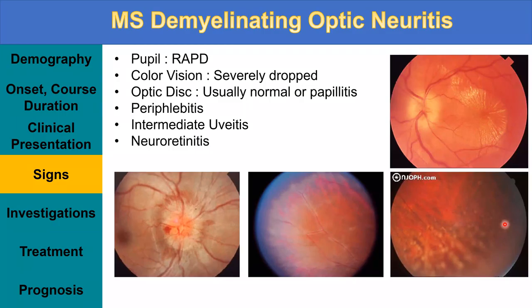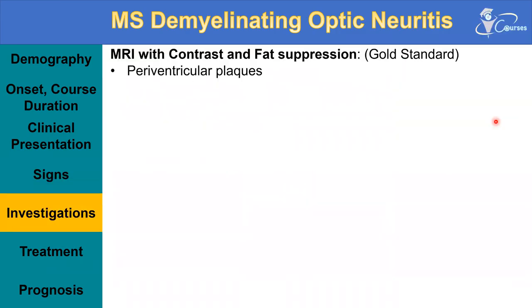So there will be a macular star and optic disc swelling. So this patient has neuroretinitis caused by multiple sclerosis. Not only multiple sclerosis, but other causes as well. But it is a differential diagnosis. So this is what you will expect when you are seeing the fundus of a patient with multiple sclerosis.